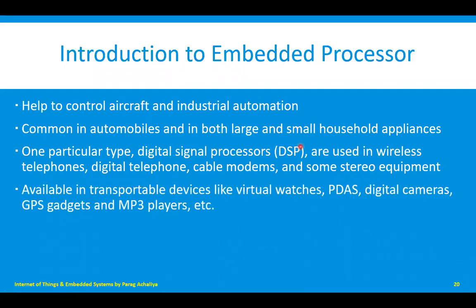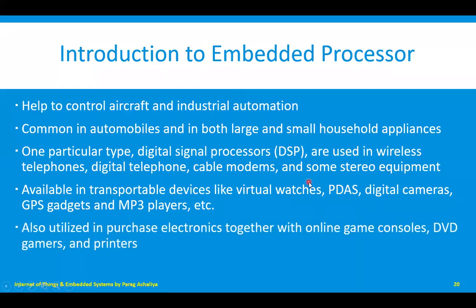They are available in transportable devices like virtual watches, PDAs, digital cameras, GPS gadgets, MP3 players, etc. These embedded processors are generally found in what? Transportable devices, all the devices which are portable in nature, like virtual watches, PDAs, digital cameras, GPS gadgets, MP3 players, all those components will have what?